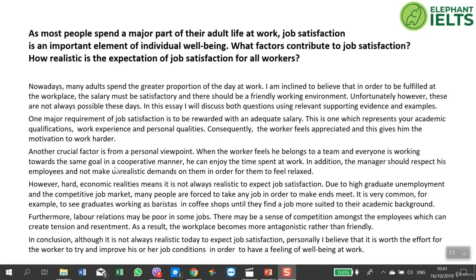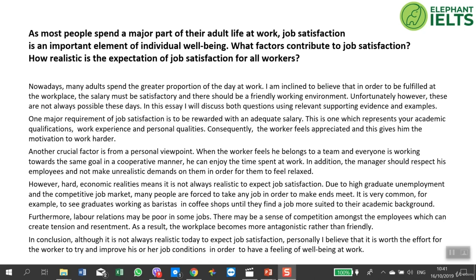Remember, the first topic sentence answers the first question. One major requirement of job satisfaction is to be rewarded with an adequate salary. So that's what the writer believes. Adequate salary is required for job satisfaction. Then he explains it. This is one which represents your academic qualifications, work experience, and personal qualities.